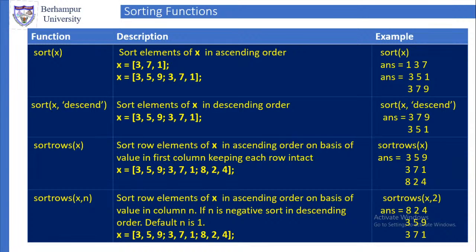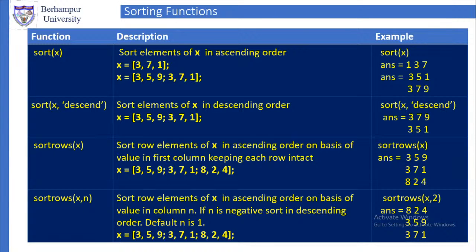Sort rows means it will sort the row elements of x in ascending order on the basis of the value in the first column, keeping each row intact. For example, if I have this 3 cross 3 matrix, 359, second row is 371, third row is 824, then when we sort it, it will be 3, 3, 8.